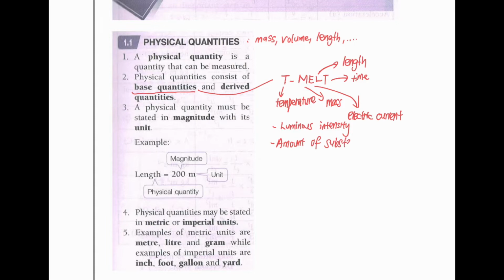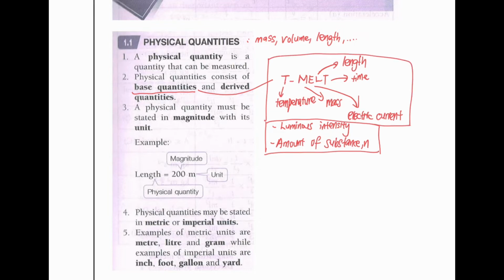That means mole. These 2 are quite rare in SPM, but the first 5, temperature, mass, length, time, and electric current, are more common. So we have 5 base quantities plus 2 more, which are less common.